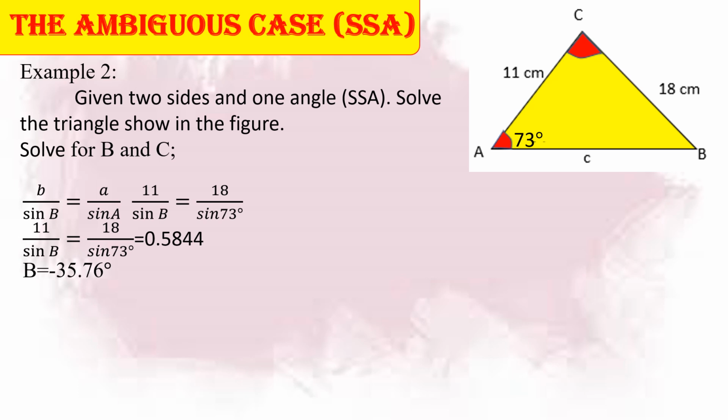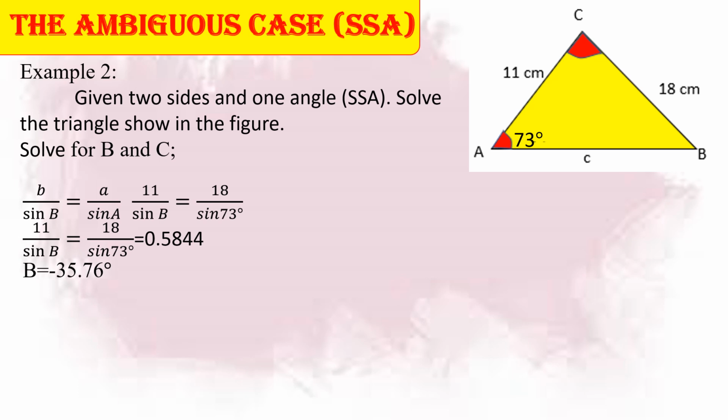Next, we will be using the cross multiplication. It will become sine B is equal to 11 times sine 73, all over 18.